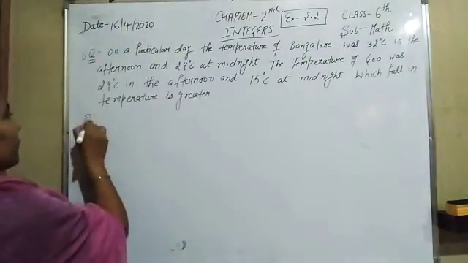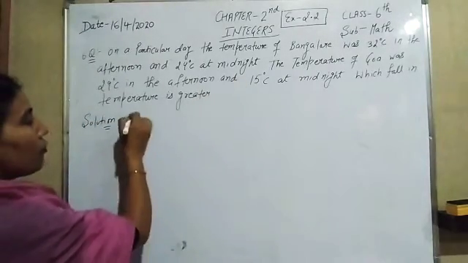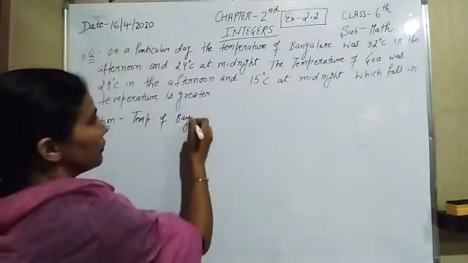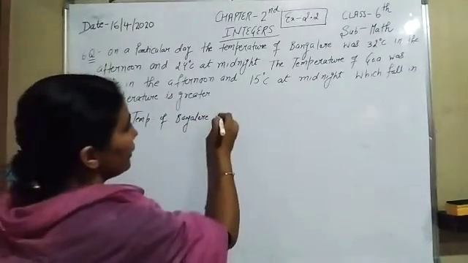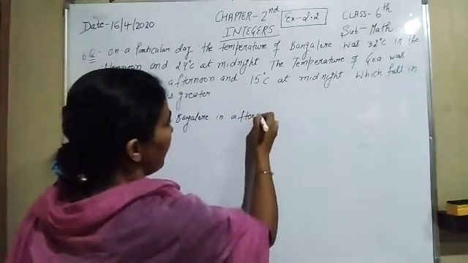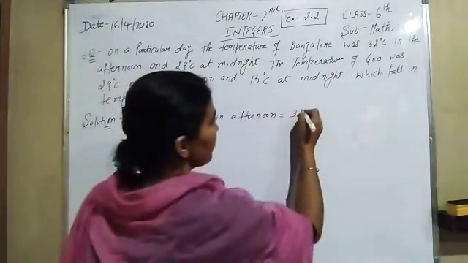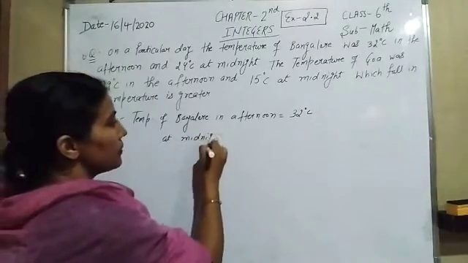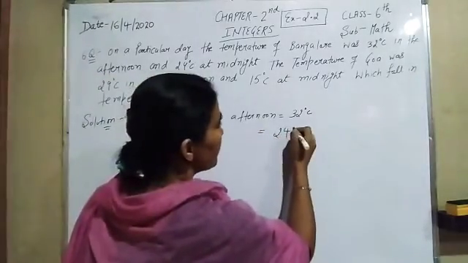Write down here: temperature of Bangalore in the afternoon is equal to 32 degrees Celsius. At midnight it is equal to 24 degrees Celsius.